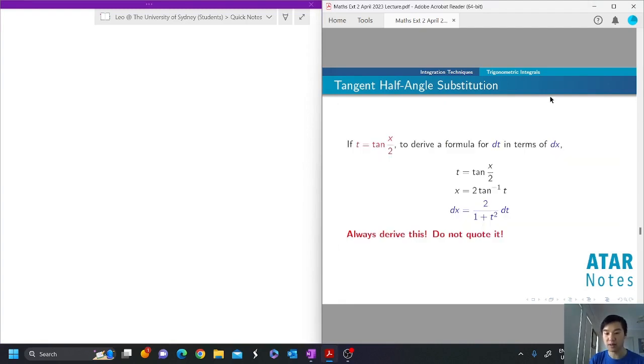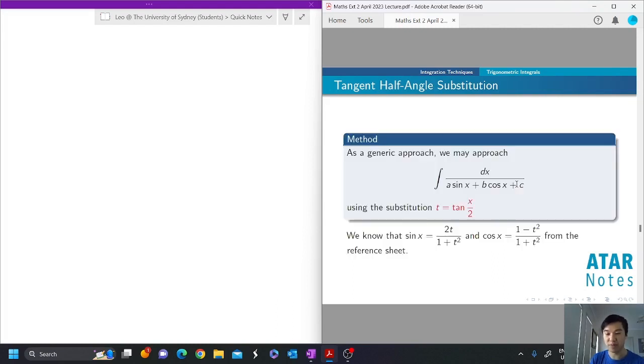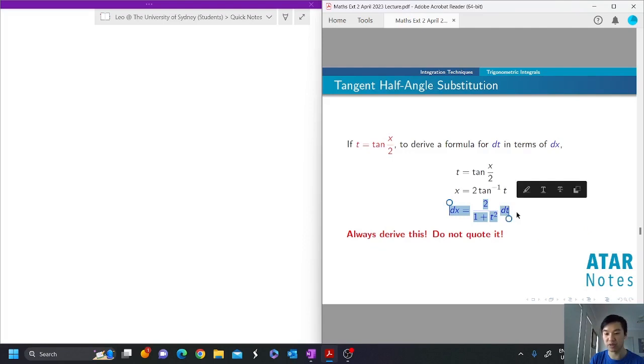So remember, when you're differentiating that and making dx equal to 2 over 1 plus t squared, always do everything from scratch. Basically, don't quote this result that you get when you use the T formula.